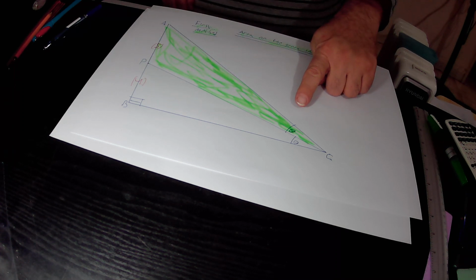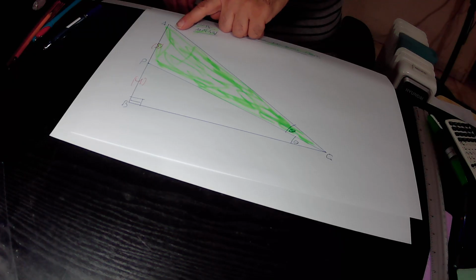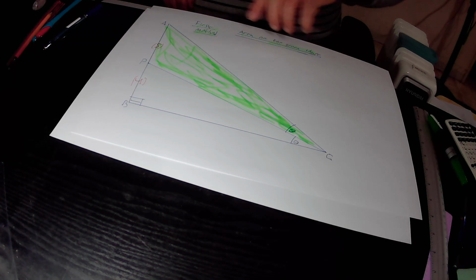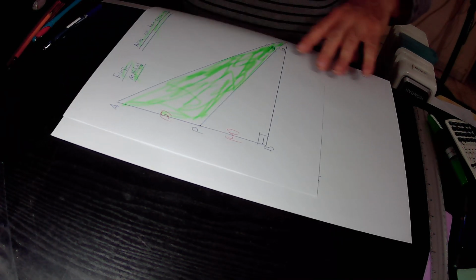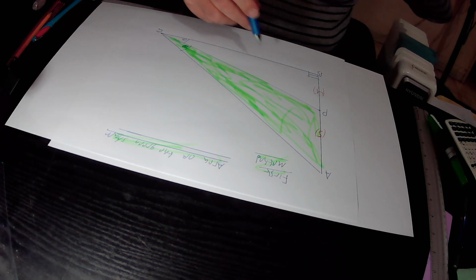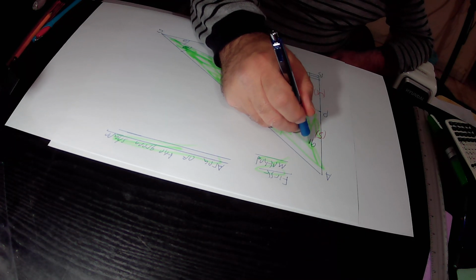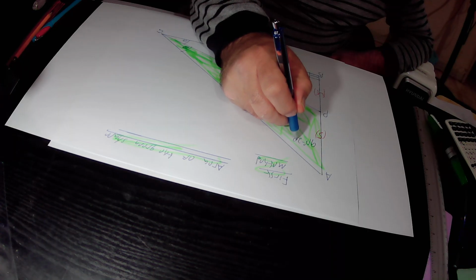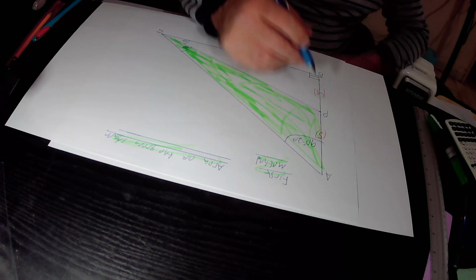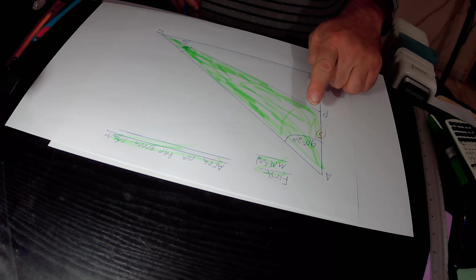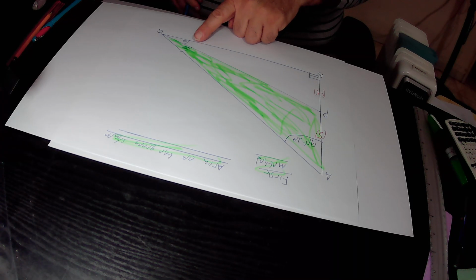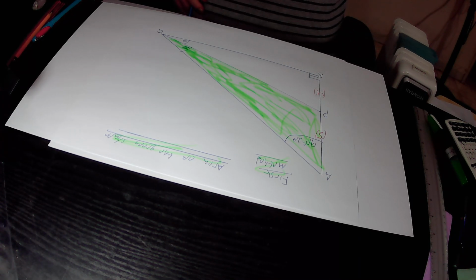This angle equals 2 theta, and therefore this missing angle must be equal to 90 degrees minus 2 theta. Why? Because 90 degrees minus 2 theta plus 2 theta is 90 degrees, and 90 degrees plus 90 degrees is equal to 180 degrees. That is the sum of the angles in any triangle.